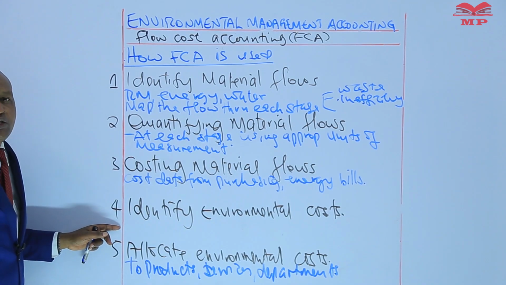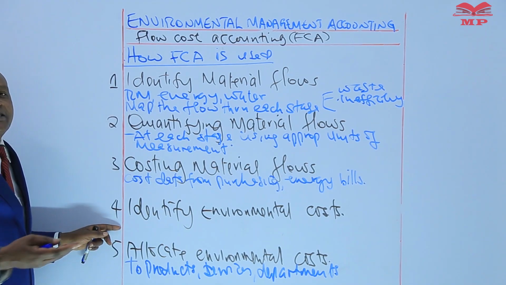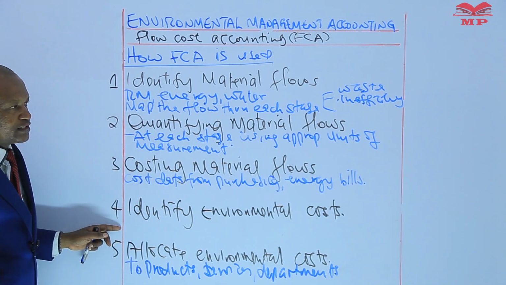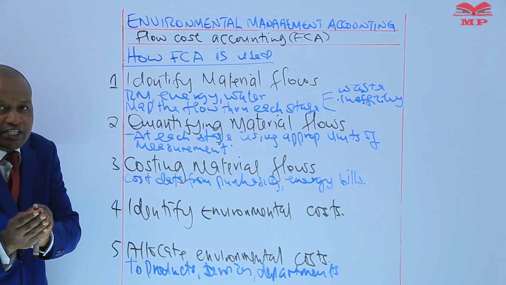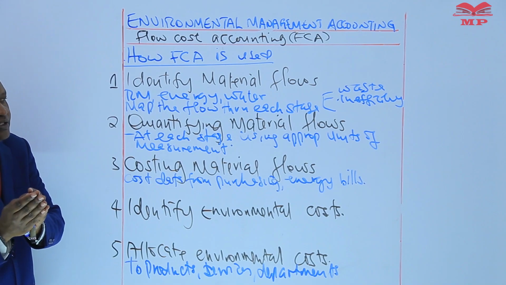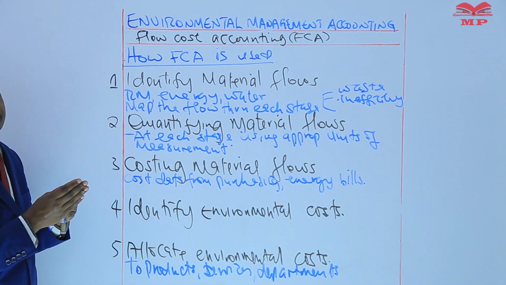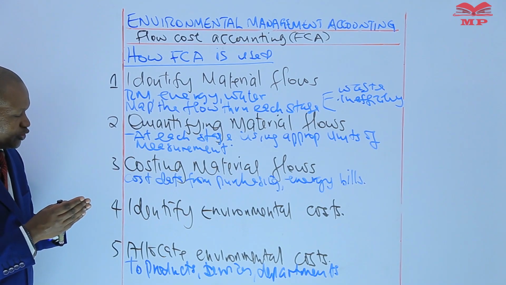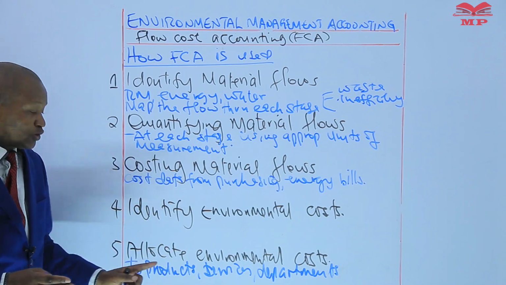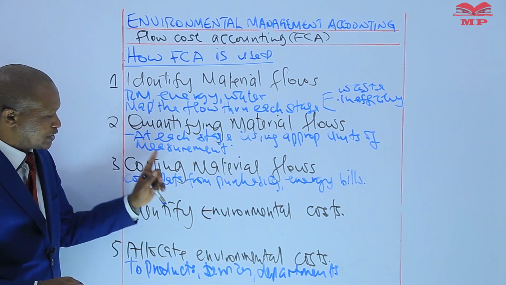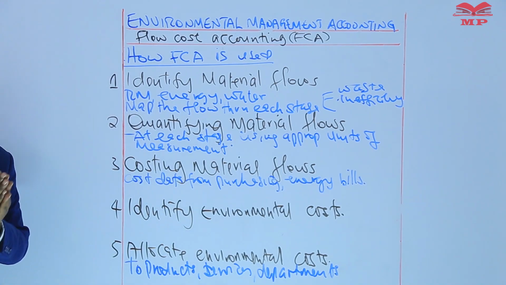And that can be done by using various methods, such as activity-based costing, such as the method we studied last time, which is the mass balance calculations, or even the method known as environmentally adjusted costing system. So those are some of the methods that can be used in allocating environmental costs to departments, to services, or even products.